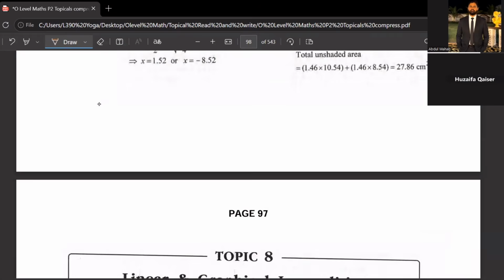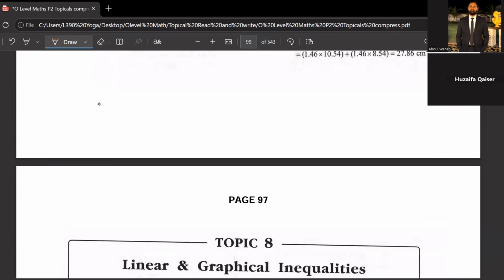Let's say you have a simple y-axis and x-axis. It is written 1, 2, 3, minus 1, minus 2, and 0.